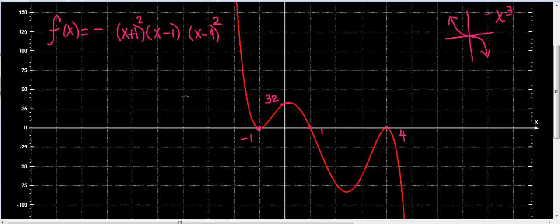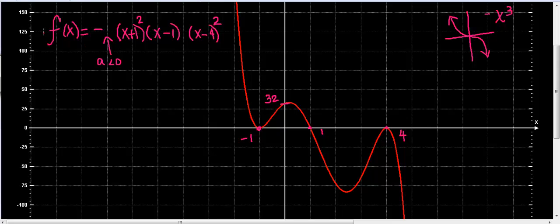Okay? Now what I'm left with is finding this a. We know a is less than 0 because it's negative, but I need to know what number this is. So this has to match with what I'm saying about my y-intercept. What we do to find out is I take the polynomial that I've constructed so far and I try and find my y-intercept as is.